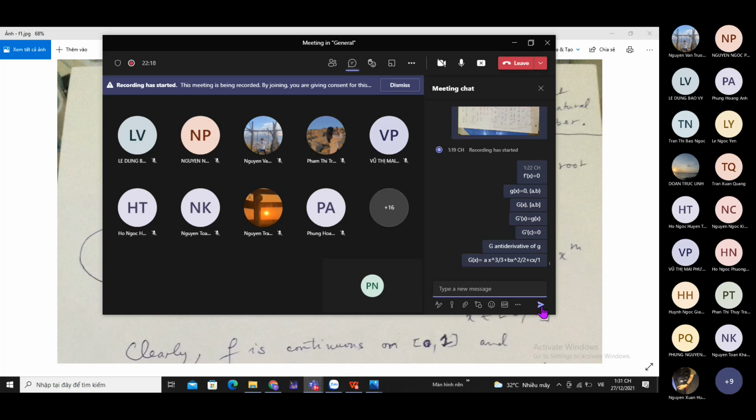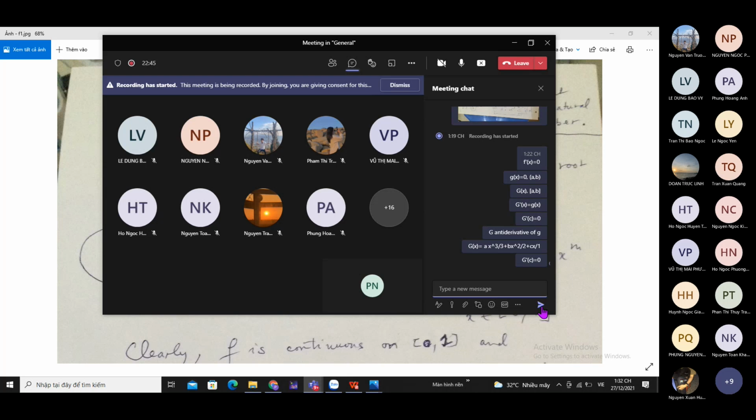Okay. Why do we consider this function? Because if the function G satisfies all conditions of Rolle's theorem, then Rolle's theorem implies that there is a number c so that G prime of c equals 0.